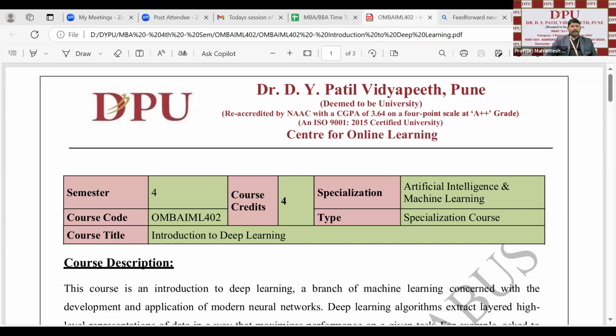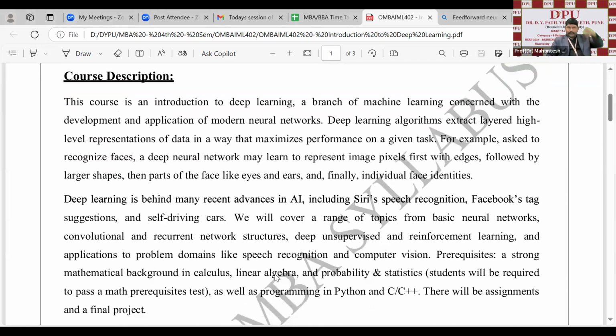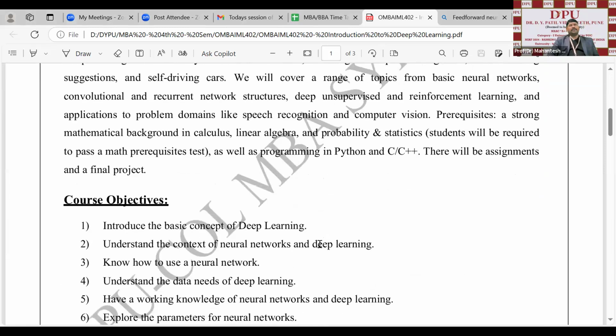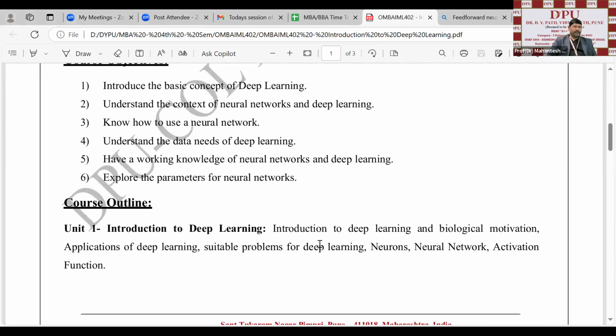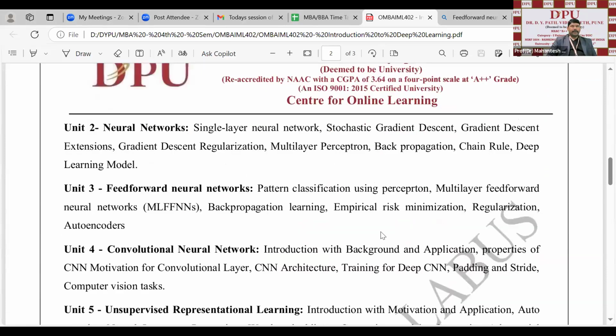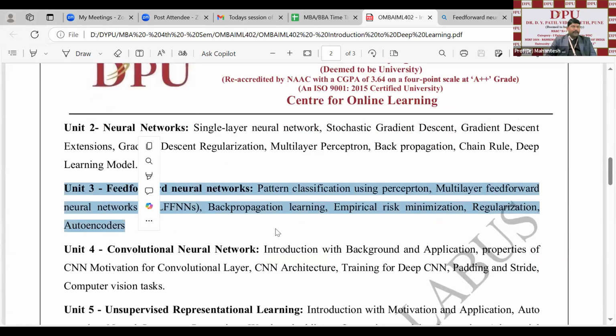Moving on to today's discussion, let us first verify the key components or subunits of today's unit, that is feed forward neural networks. Through unit number 3, we will learn pattern classification using the artificial neuron called perceptron.